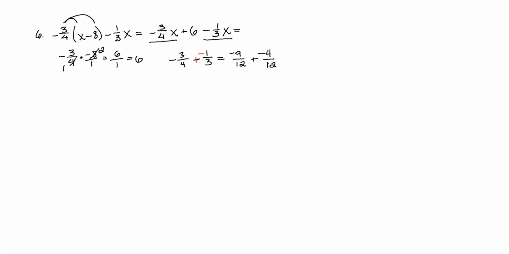Negative 9 plus negative 4 gives us negative 13/12. And remember, this was a coefficient in front of the x. So we have negative 13/12 x. And that negative, I put it out in front, could have stayed on top or gone to the bottom. And then plus 6.